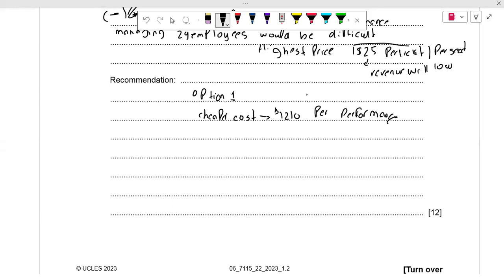And we can say that the theater is new, so that's why they should try to keep its cost as low as possible.